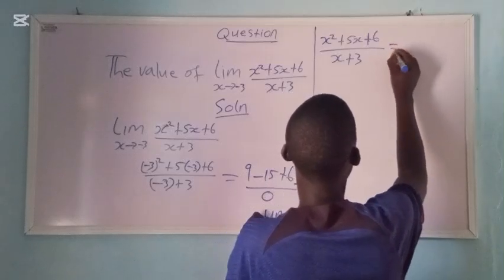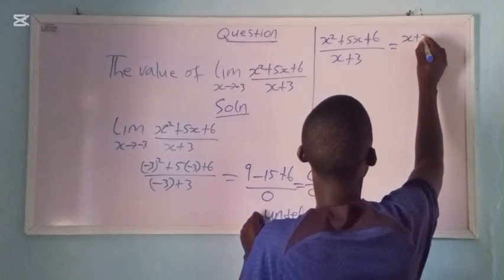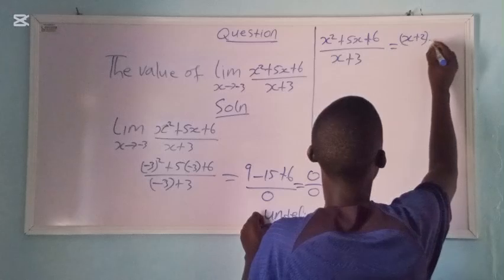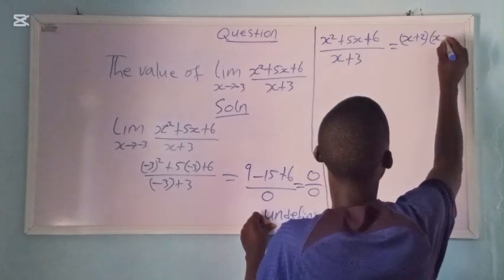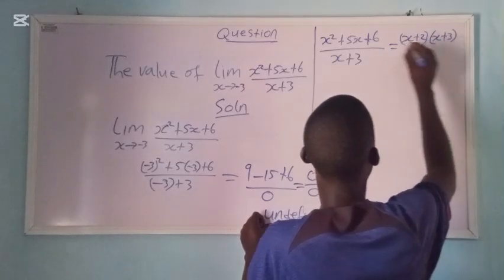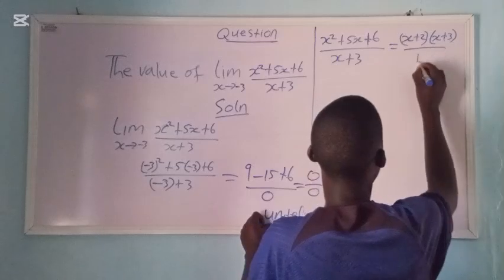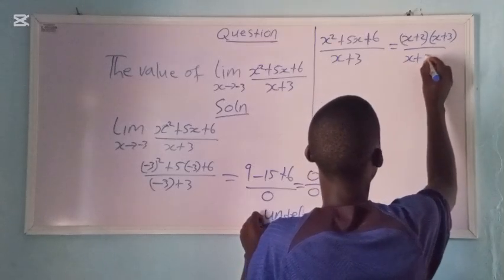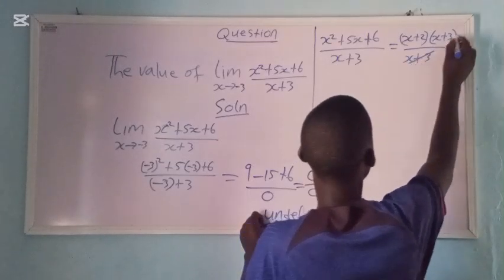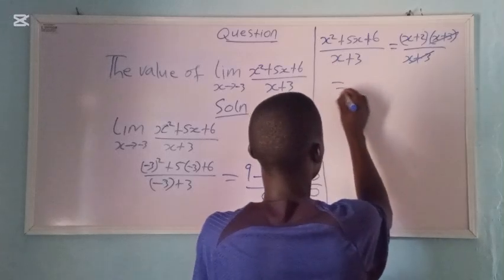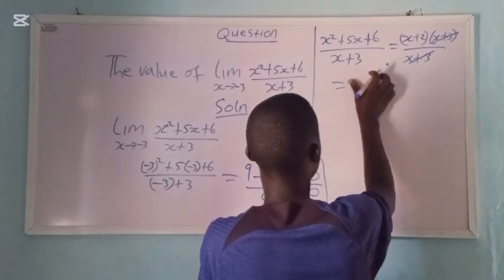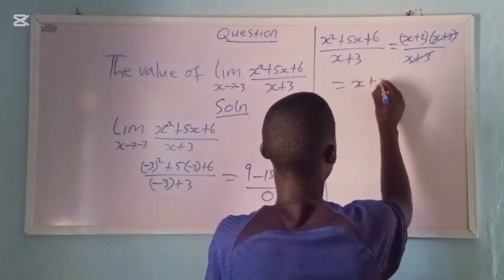Let's see. We will now have x plus 2, then we have x plus 3 in bracket all over x plus 3. So this x plus 3 will cancel this x plus 3.